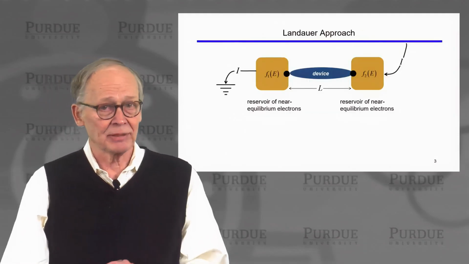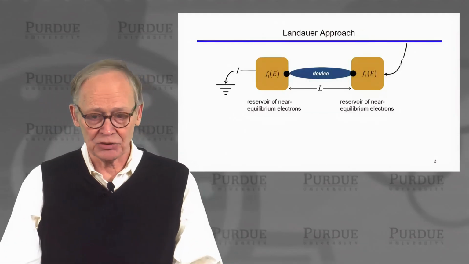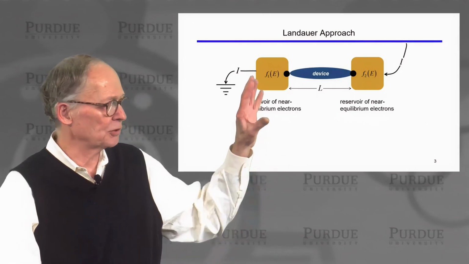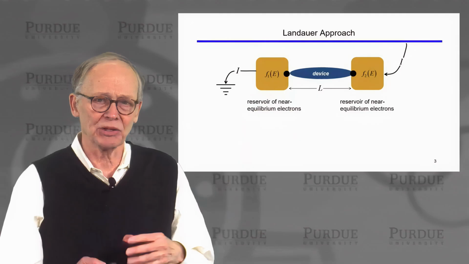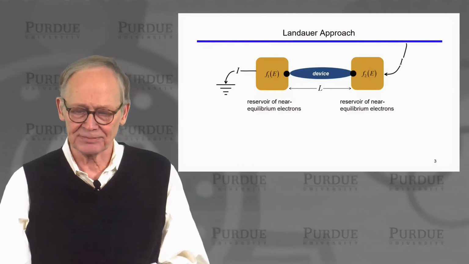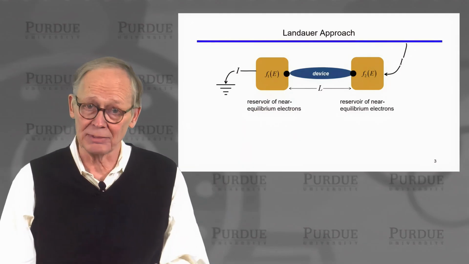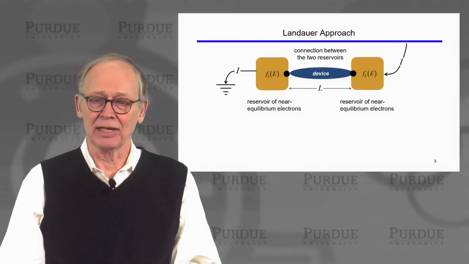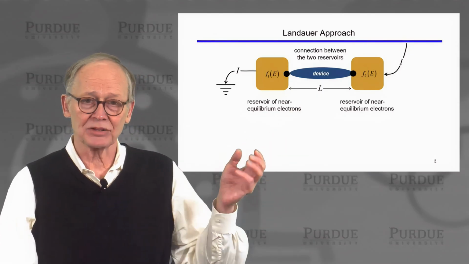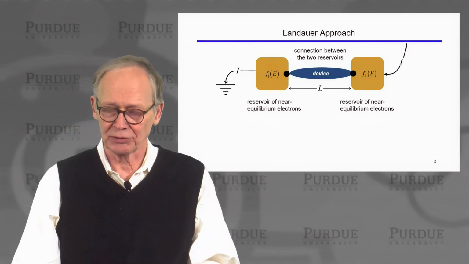Okay, so the first topic was this so-called Landauer approach to electron transport. The picture was that our contacts are large, near thermal equilibrium reservoirs of electrons characterized by Fermi levels that may be different. The device connects these two contacts, and it provides a connection between these two reservoirs of electrons.